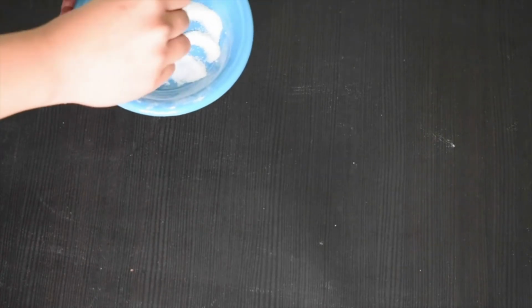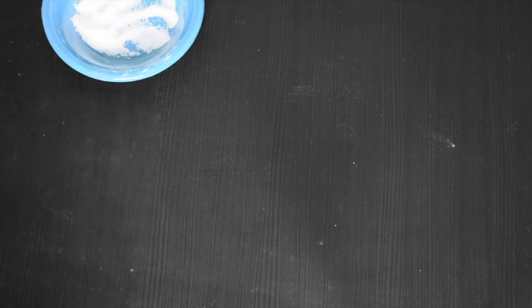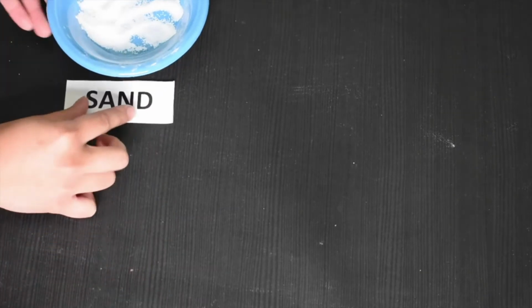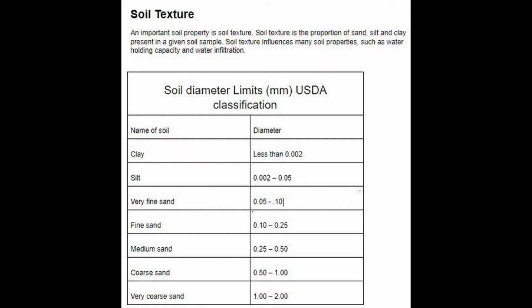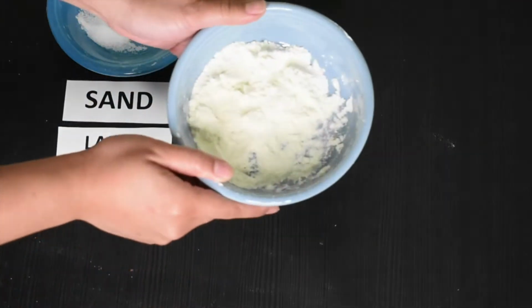First off, I will bring back my bowl of salt, which in this case represents sand, and talk a little bit more on why it feels the way it does, and the soil texture and diameter, relating it back to the chart. As you can see, it goes from very coarse sand to very fine sand. It ranges from 2 millimeters to 0.05 millimeters, making this the largest size sediment in diameter.